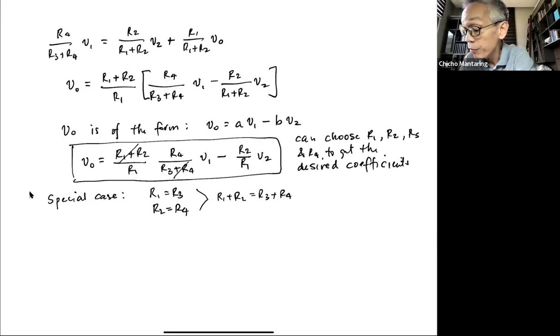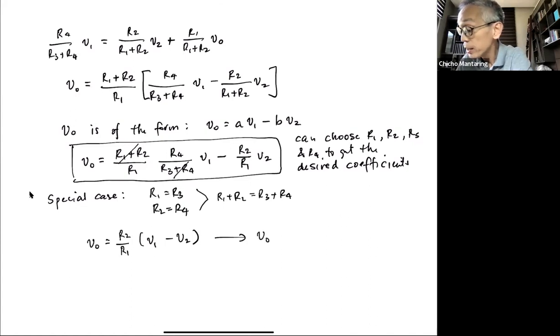And I'm going to get V sub O is now just simply equal to R4 over R1, which is the same as R2 over R1. So this is just going to be R2 over R1, V1 minus V2. So it's a function of the difference.